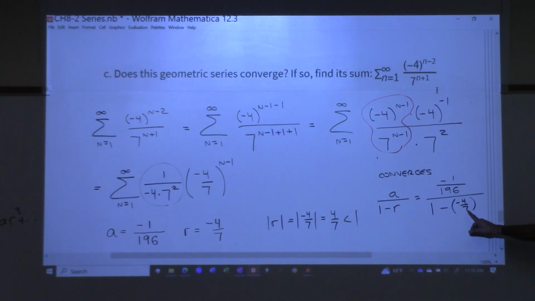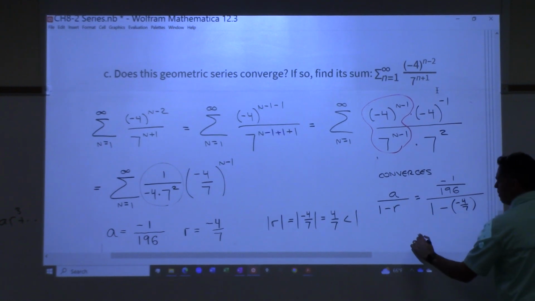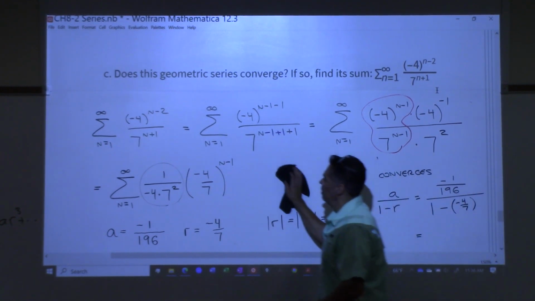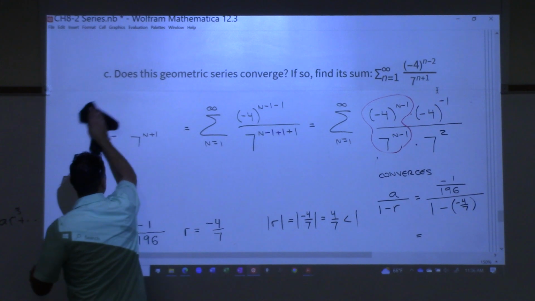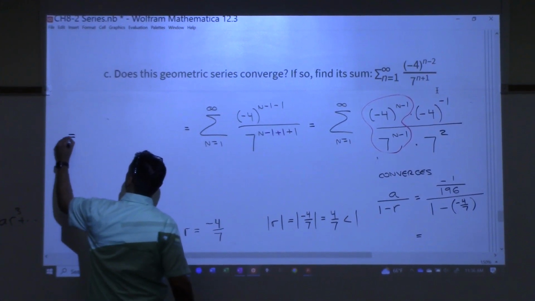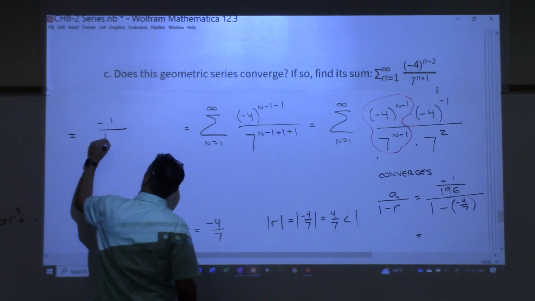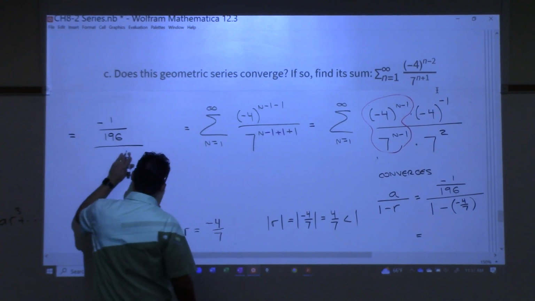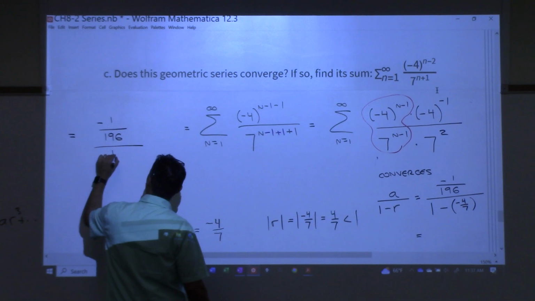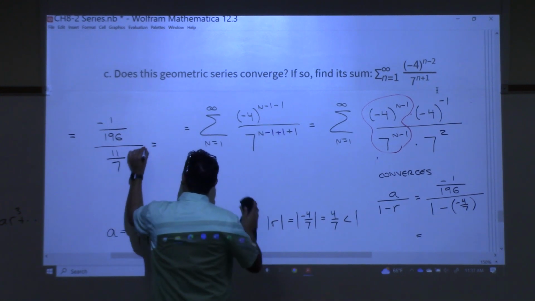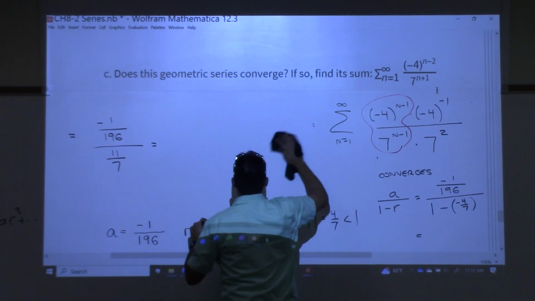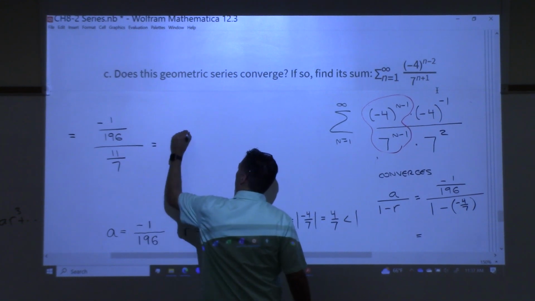You don't put the absolute value of R here. You put R itself. And now this is going to be, I'm going to do it over here. This is negative 1 over 196 over, what's the bottom? 11 sevenths, which is flip, right?